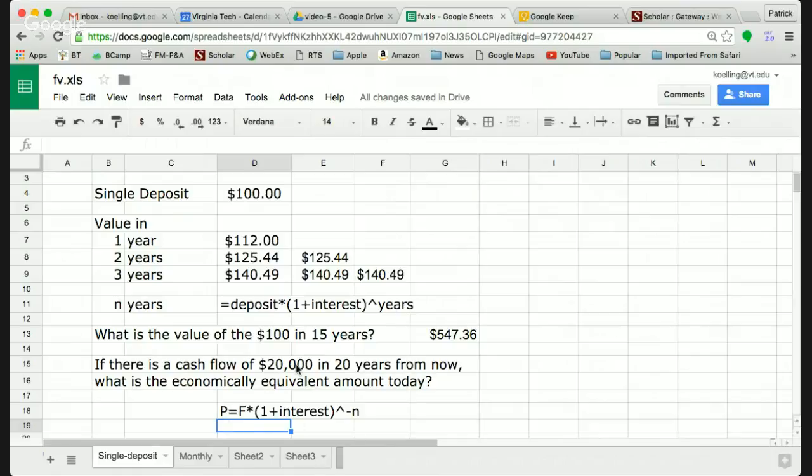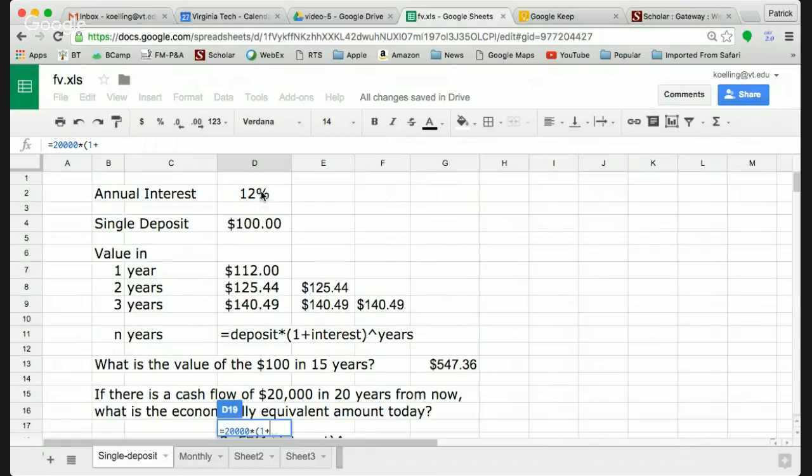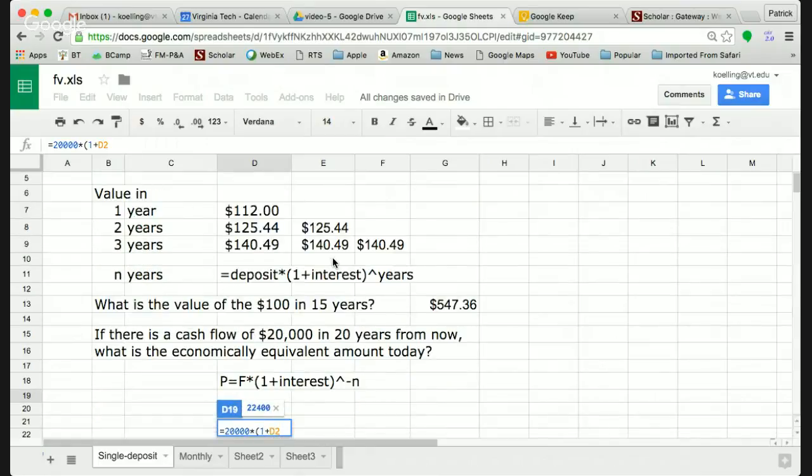We have $20,000. What is the economically equivalent amount today? That should be pretty straightforward. So this is equal to $20,000 times 1 plus the interest rate, taken to the power of negative 20.